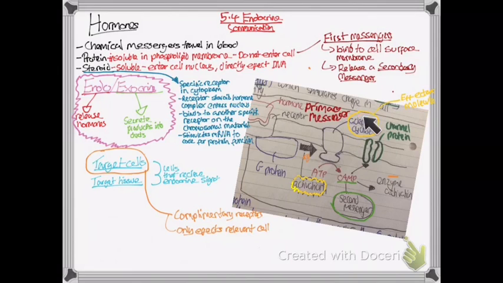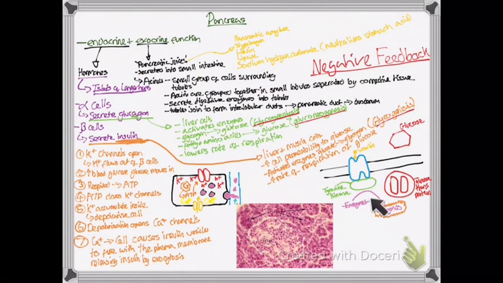And these active enzymes cause an enzyme cascade, which causes these glucose transporter proteins bound within vesicles to fuse with the plasma membrane.